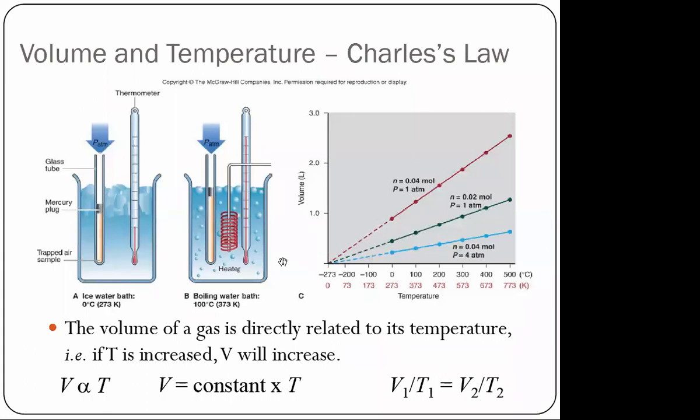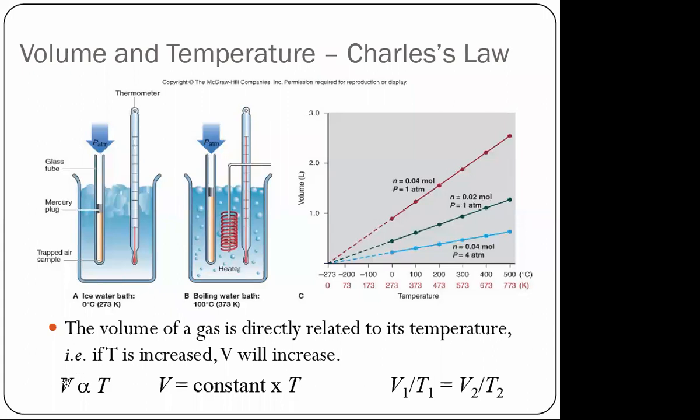The second law is Charles' law. Charles' law tells us that volume is directly proportional to absolute temperature. So the volume of a fixed mass of gas is directly proportional to the absolute temperature.